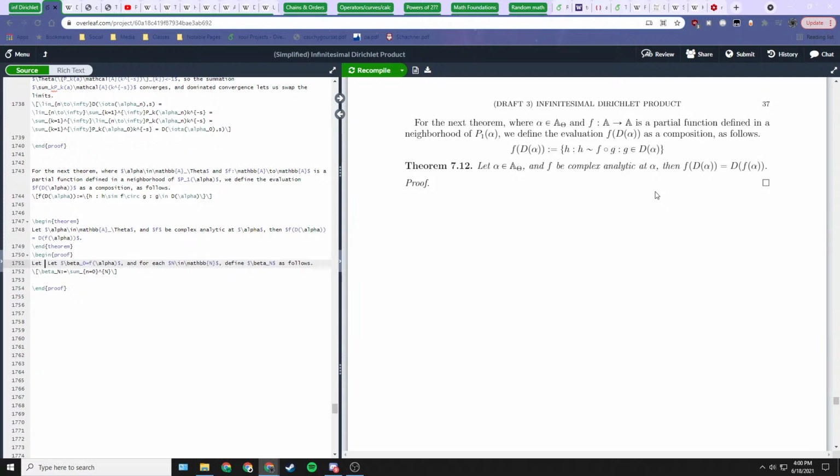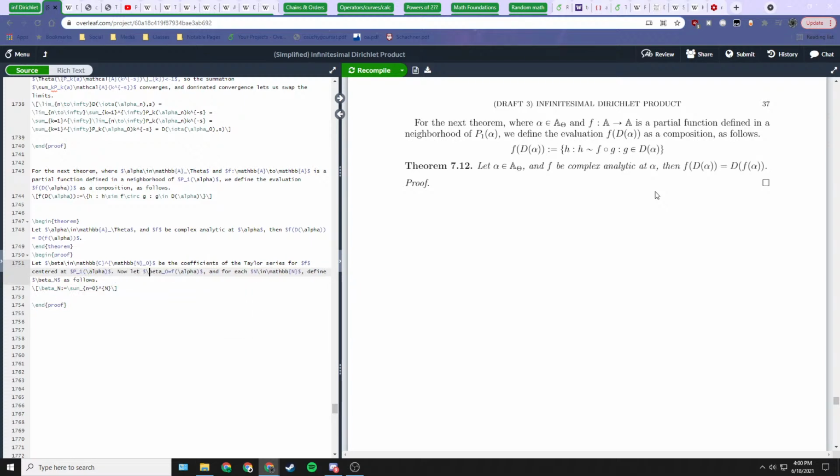Yeah, okay. Let beta be in c power n0 be the coefficients of f, the Taylor series, where f is centered at p1 of alpha.